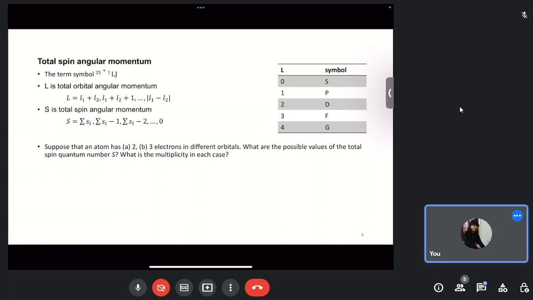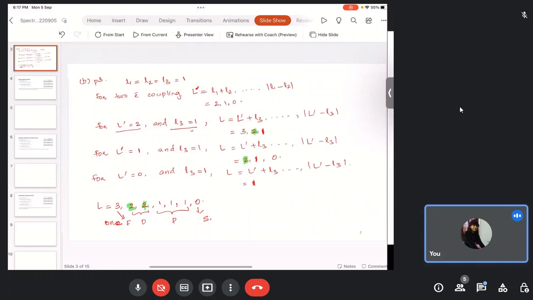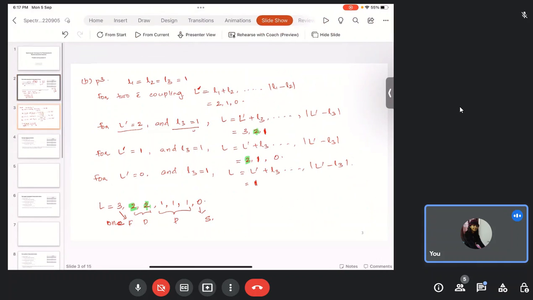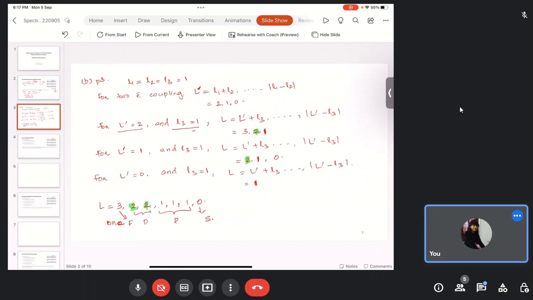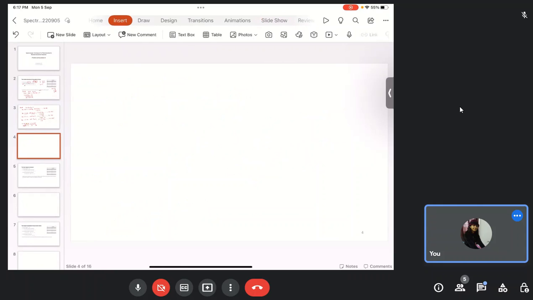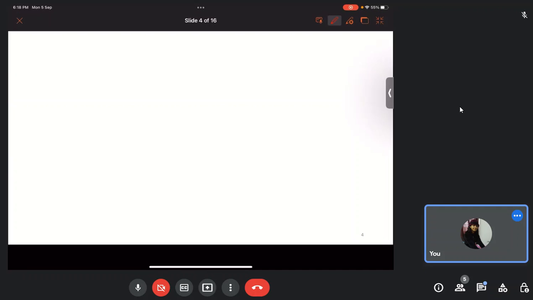Okay, we have two more to solve. Let me have one more blank slide here. The other two are f1 d1 and d3. So we are looking at f1 d1.